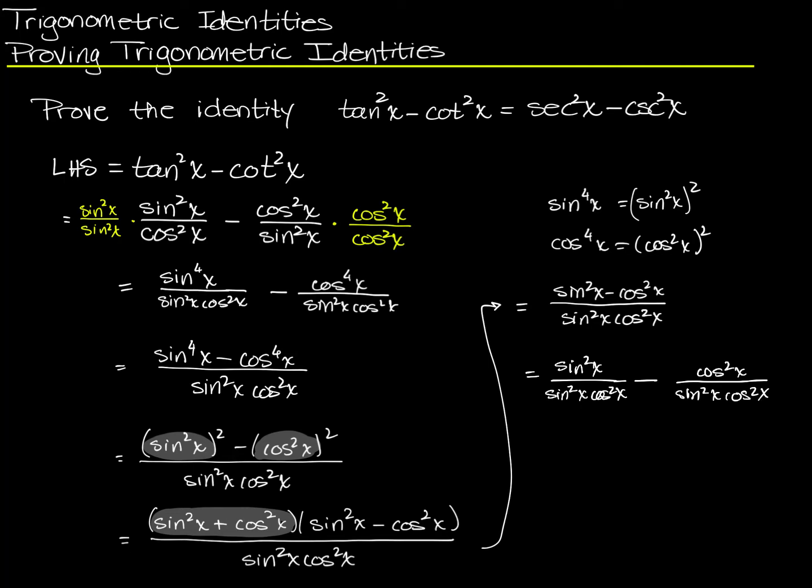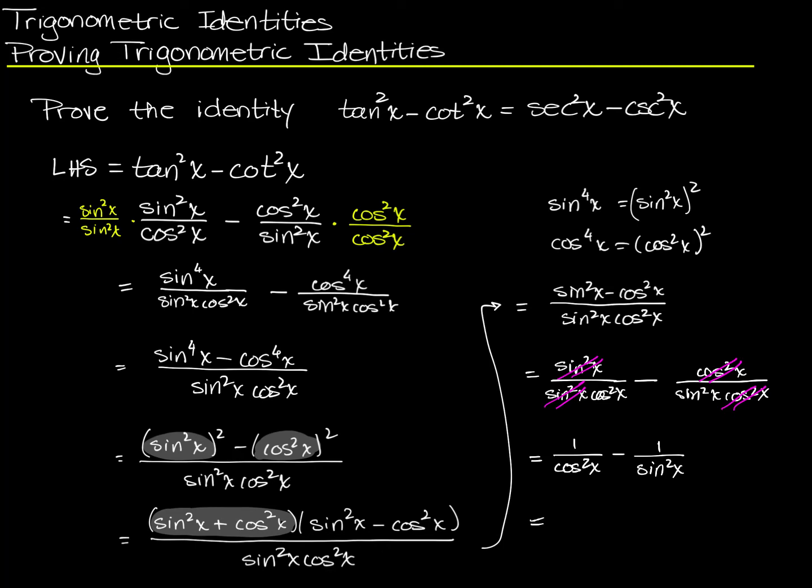Now I can do some canceling. For example, sine squared cancels with sine squared in that term, and cosine squared cancels with cosine squared in that term. That leaves me with that line being equal to 1 over the cosine squared of x minus 1 over the sine squared of x.